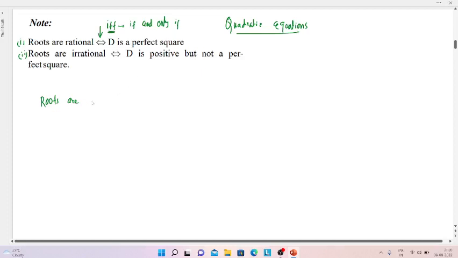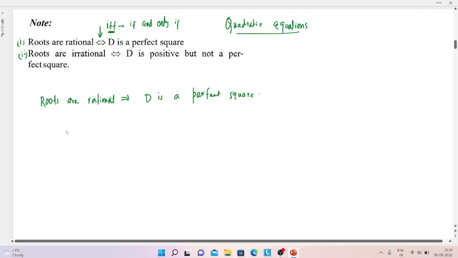So roots are rational, right? I'm just proving that roots are rational implies D is a perfect square, right? So again, we have to write down the roots.